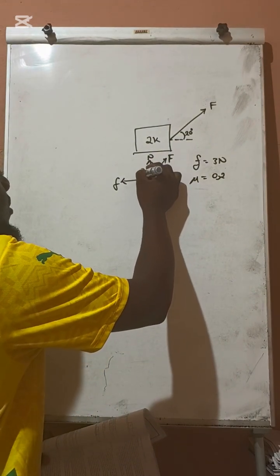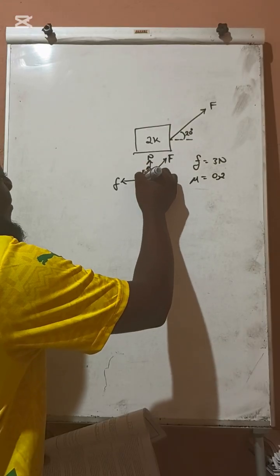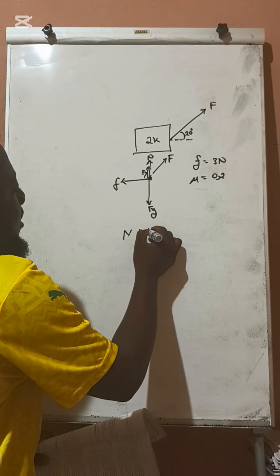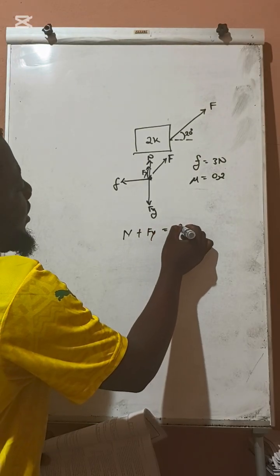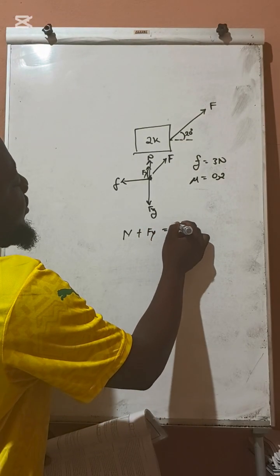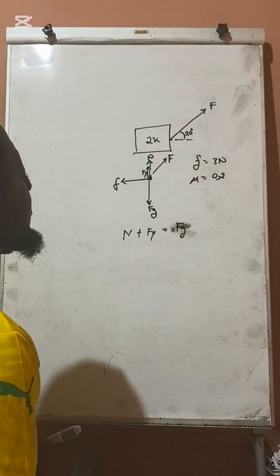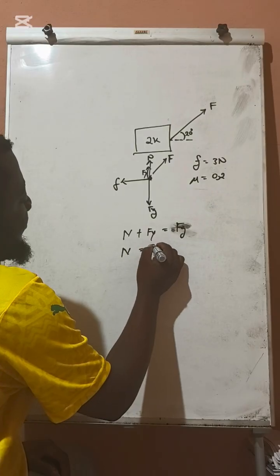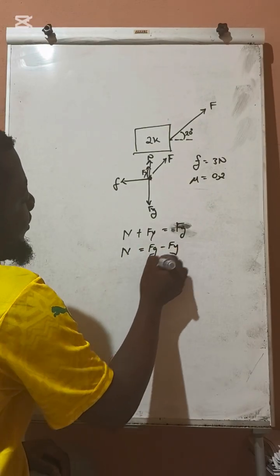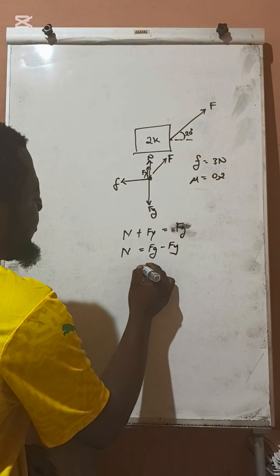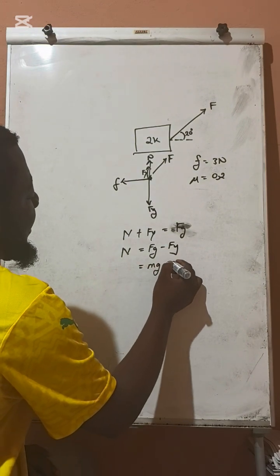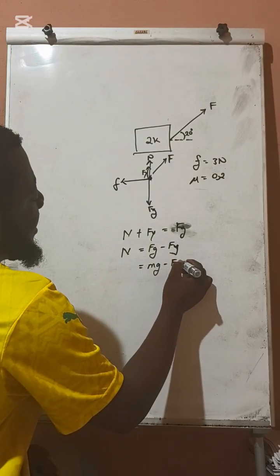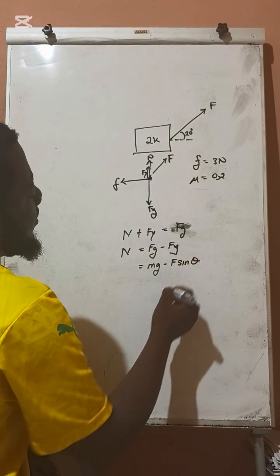Obviously the normal force is going to be affected by Fy. So this gives you normal force plus Fy equals mg equals Fg. They are balancing like this, which gives you normal force equals Fg minus Fy, which gives mg minus Fy, and Fy is F sine of theta.